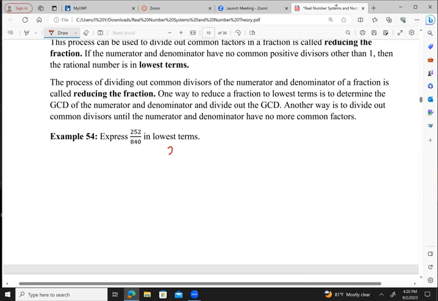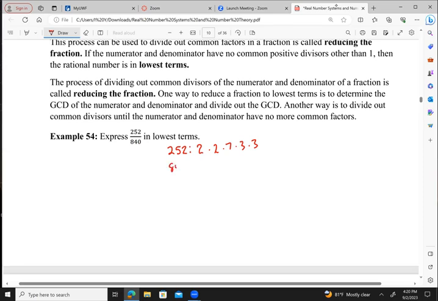So if I look at 252, I can factor out a 2, gives me 126. I can factor out another 2, gives me 63. I can factor out a 7, gives me 9 left, and 3 and 3.